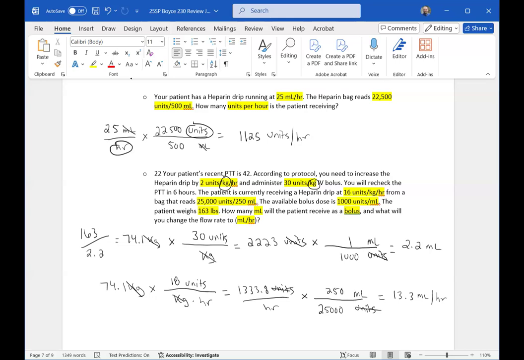So I always say it's a good idea to round to the nearest tenth, even in ml per hour. That may not technically be a correct thing that you could put in an actual infusion pump, but they do want you to round to the nearest tenth with things like mLs. So just make sure you're doing that. And if you're told otherwise, then please listen to whatever instructions you're given.